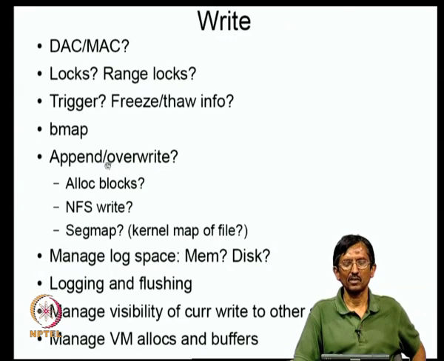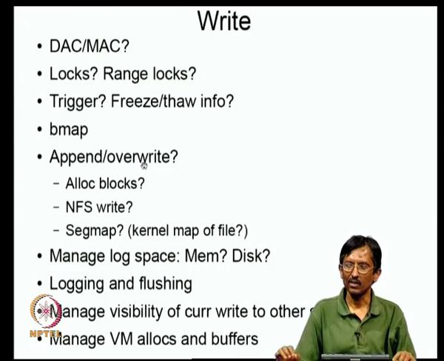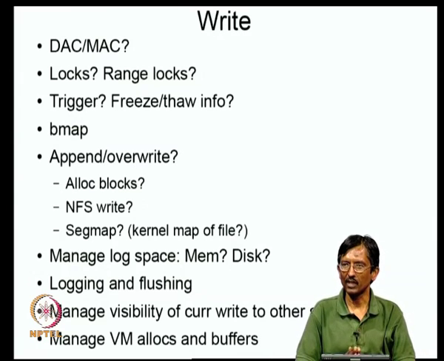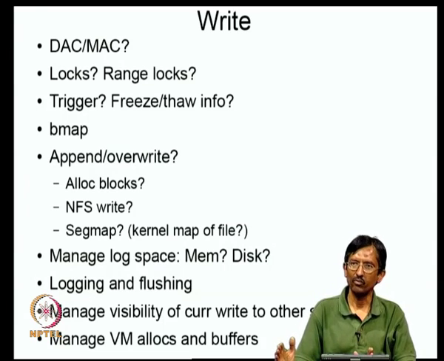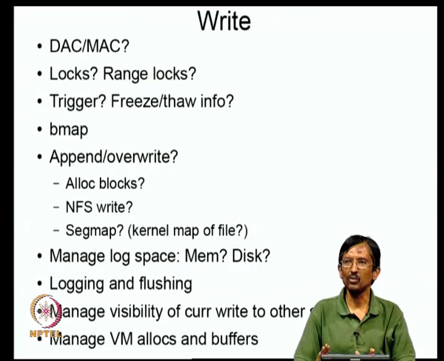And you can also have overwrites, and overwrites can have holes in them. That means that you can do allocations here also. So, bmap can do reads of disk blocks. What can happen is that you have a file and somebody, without writing anything, has seeked further along. Unix has the semantics that if you seek, you can have holes in it, that means the blocks are not allocated.